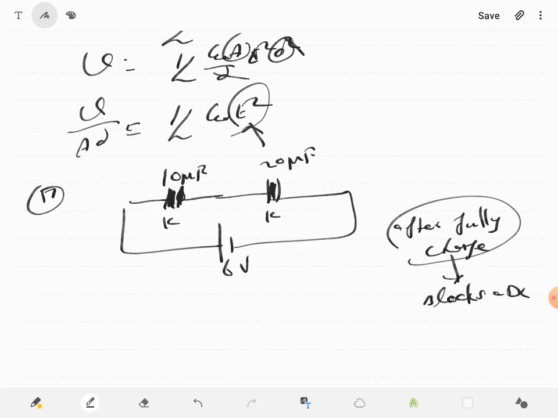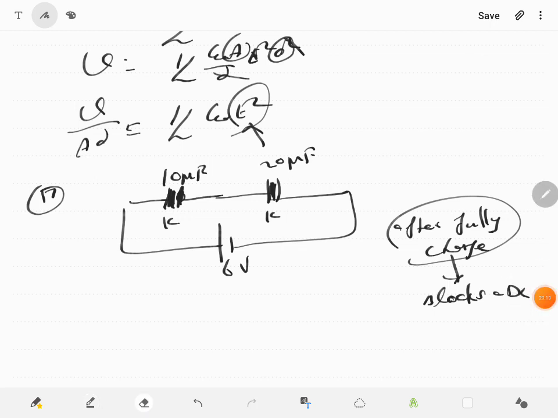After the capacitor is fully charged, the slab is inserted. How will the following be affected? The slab is introduced, the electric field. So you all know the answer. But I just want to check that it blocks the DC, but it's still connected. So I have a doubt once again.